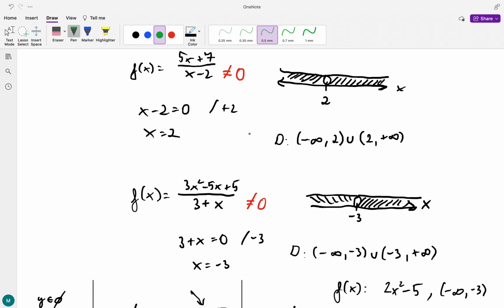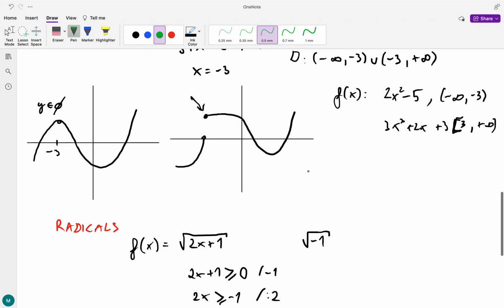So you have to solve a linear equation. Then you draw a number line and label all of the numbers that can be below that number and above that number. And the most common way to indicate or to label the domain of a function is interval notation, which is represented like this.